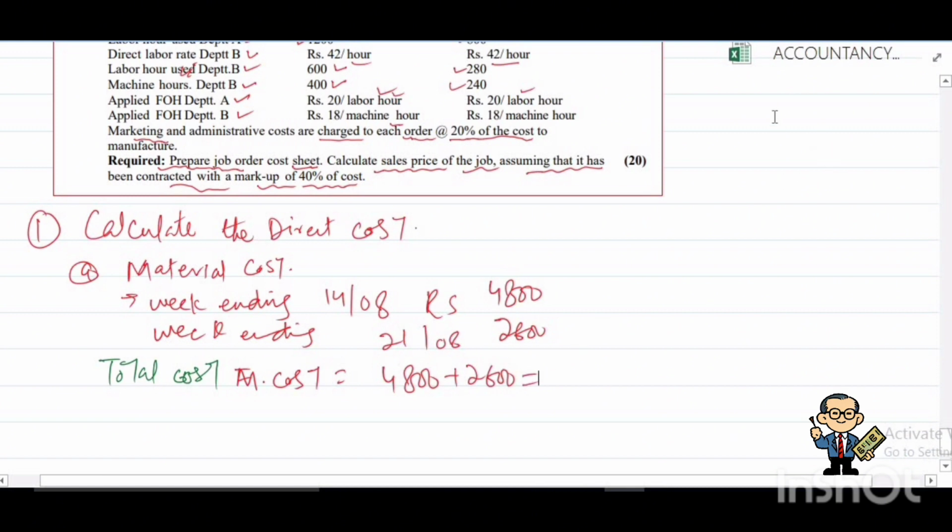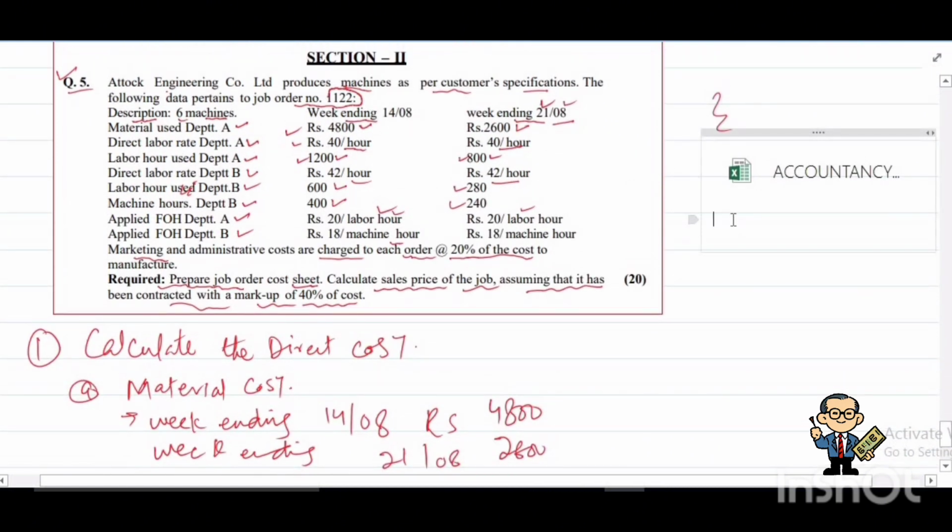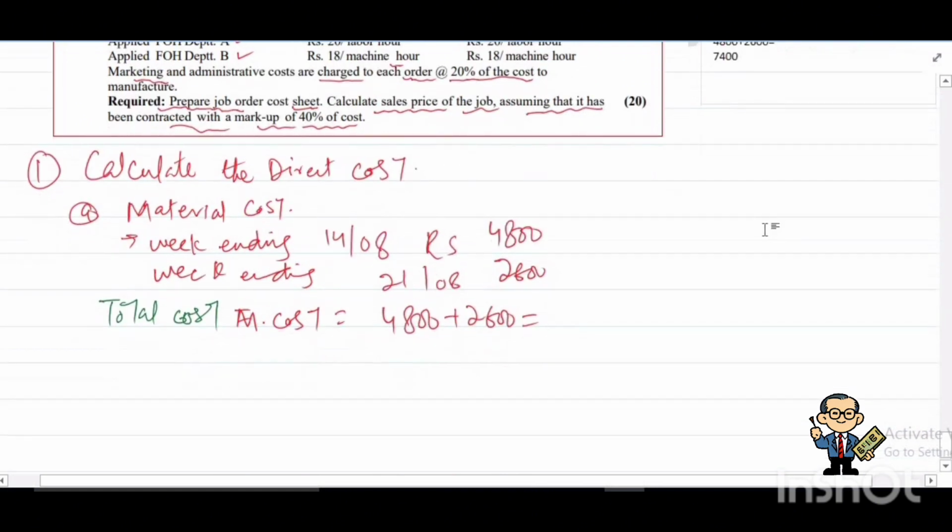Let me calculate here for you. 48 plus 26, and we will get 7400. So this is the material cost.